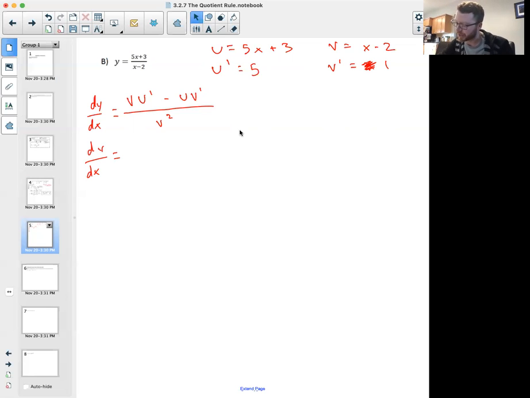Okay, so now we'll just substitute in our values. So v is x minus 2, u prime is 5. Subtract u, 5x plus 3, multiplied by v prime, which is just 1, and then divided by v squared, which is x minus 2 squared.